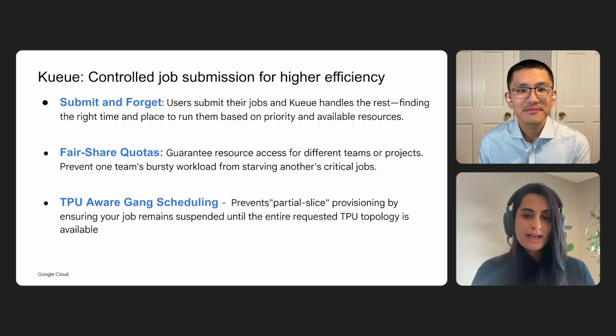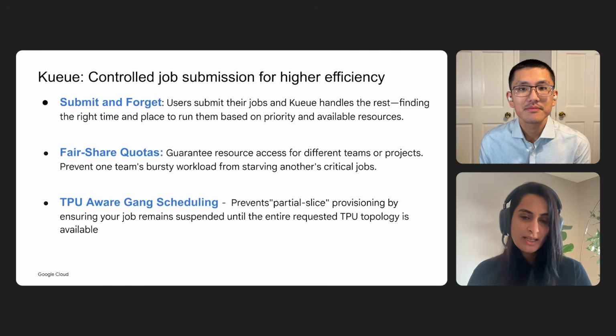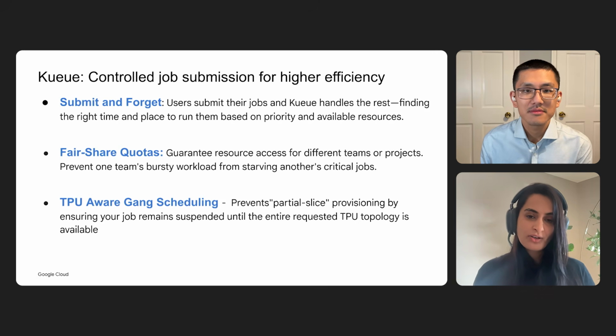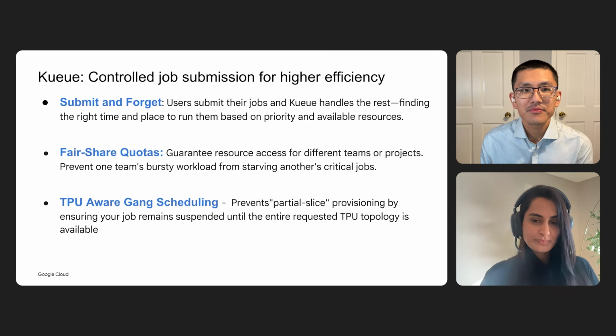So it understands this gang scheduling, to understand this is a single unit for your job and then place it and manage it accordingly. So that's the advantage of Kueue. So run your jobs with JobSets, manage them with Kueue with your fair share quotas and your gang scheduling that schedules effectively on TPU resources.